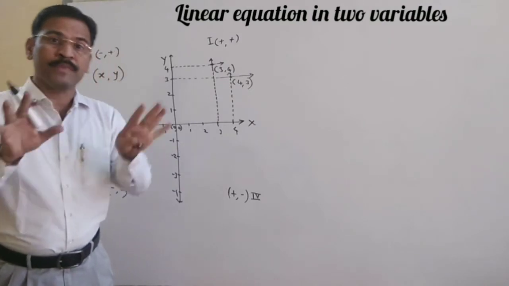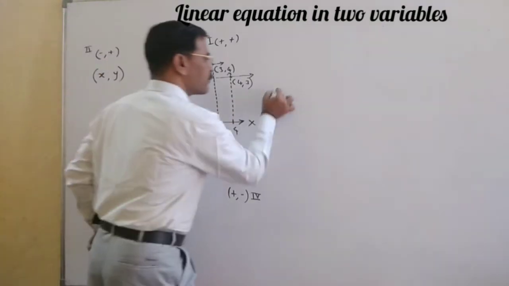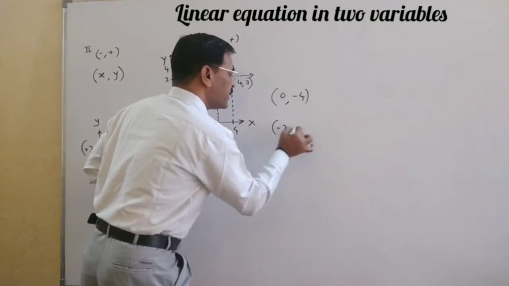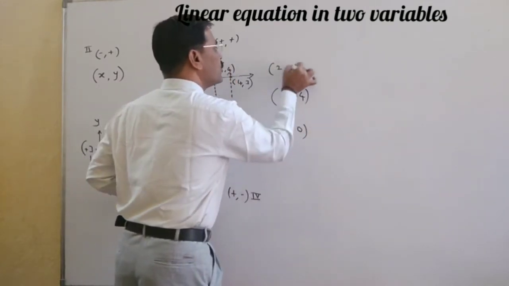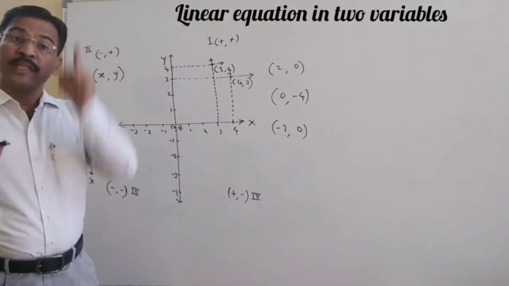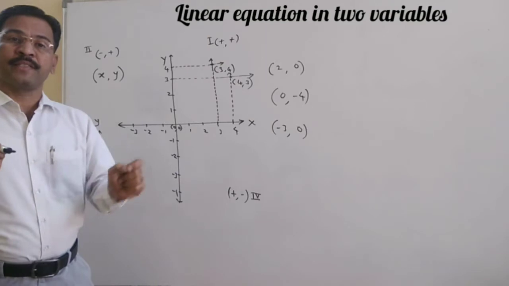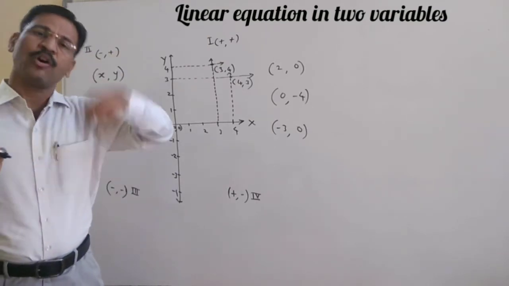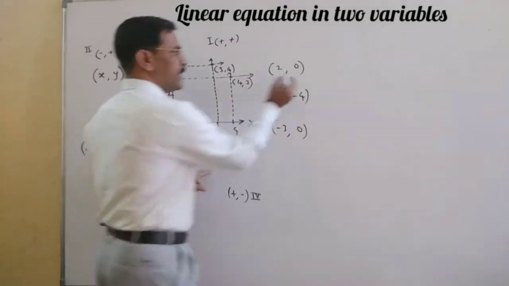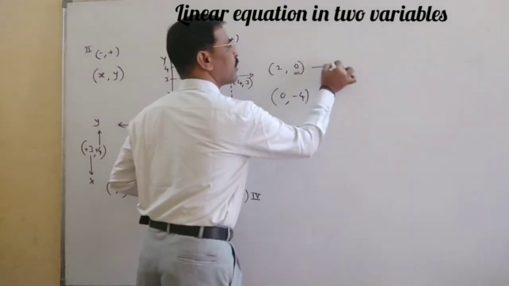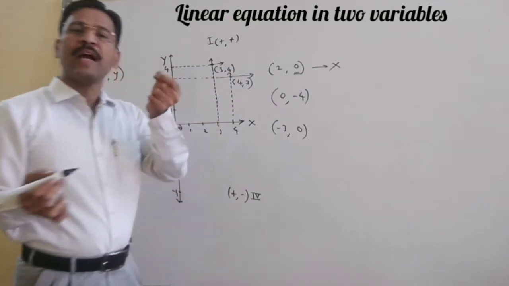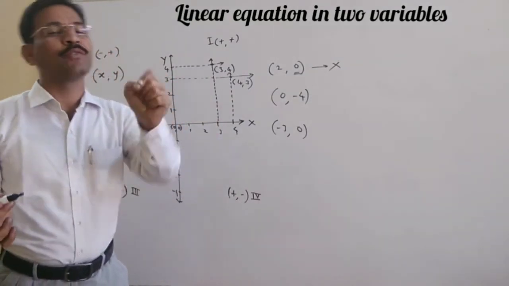But sometimes the point will be like (0, -4), or maybe (-3, 0), (2, 0), like this. If one of the coordinates is 0, then that particular point always lies on either the x-axis or the y-axis. It depends upon which coordinate is 0. Now see here, if y is 0, this particular point lies on the x-axis. Whenever a point lies on the x-axis, its y coordinate is always 0.